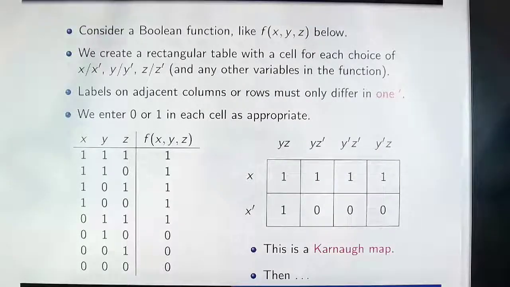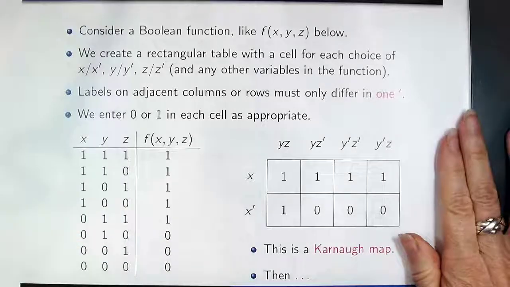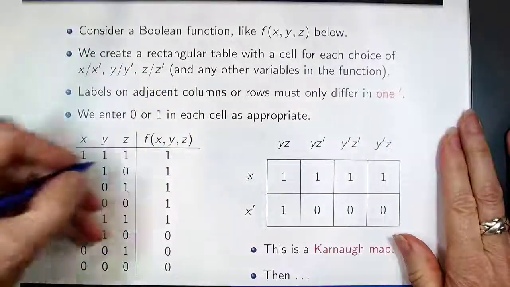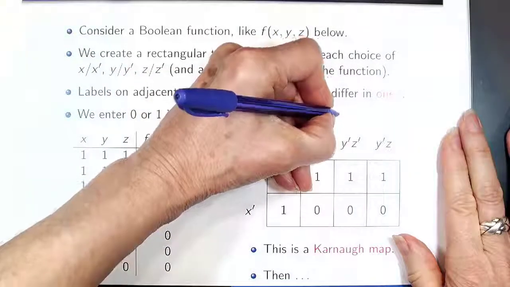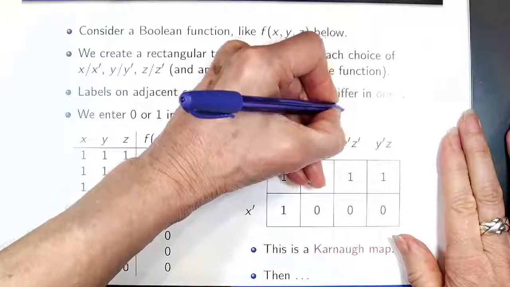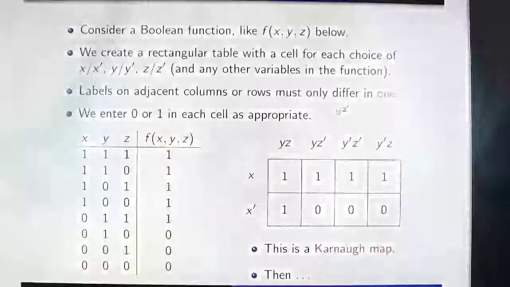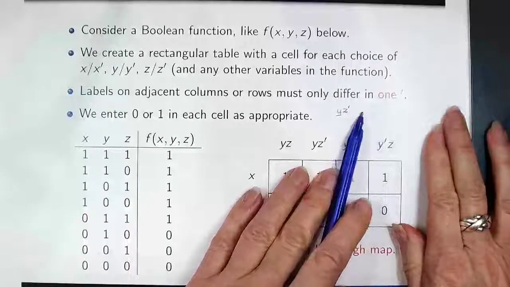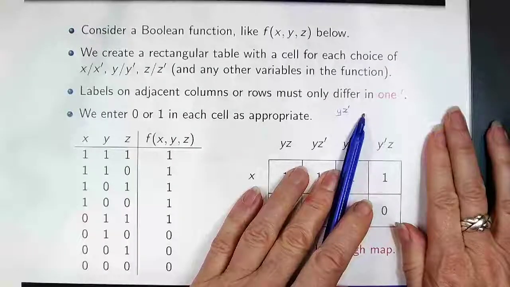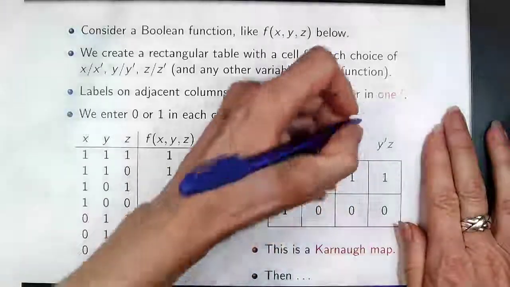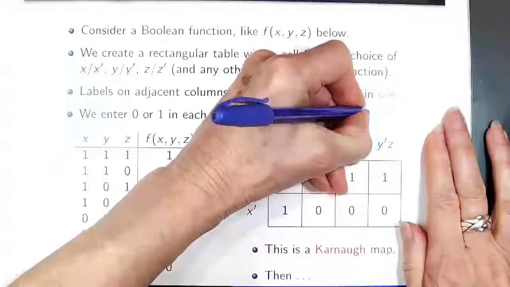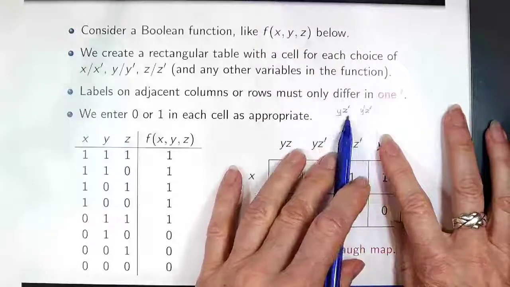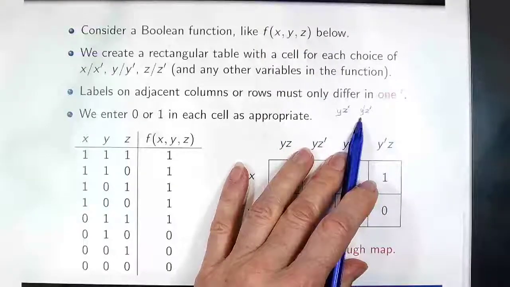So, all right, let's say you didn't want to start with YZ. Let's say you wanted to start with YZ dash. You can start with whatever you want. I've got a choice of what I can put next. Would somebody like to give me something I can put next? Y dash Z dash. This is okay because Z dash stayed the same and I changed only one thing.